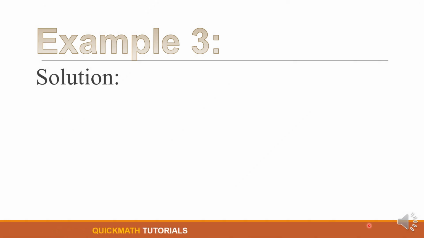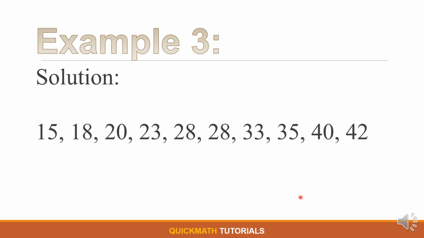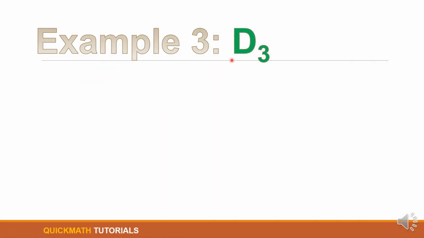For our solution, first, we will arrange the data in ascending order. And our n is equal to 10 since we have 1, 2, 3, 4, 5, 6, 7, 8, 9, 10 data. Now, let's first solve for d sub 3 or the third decile.